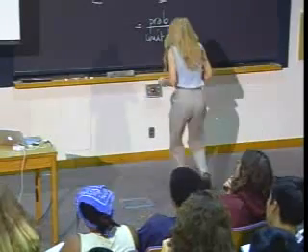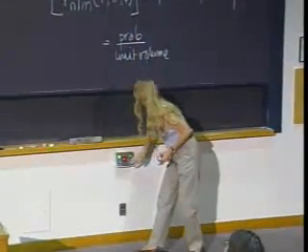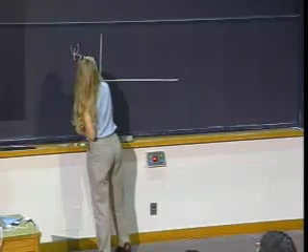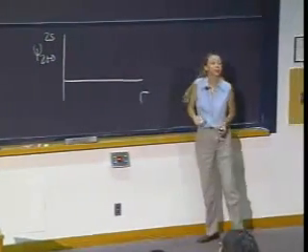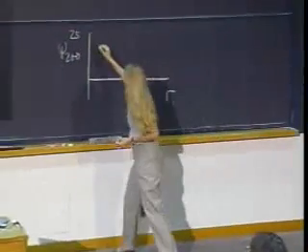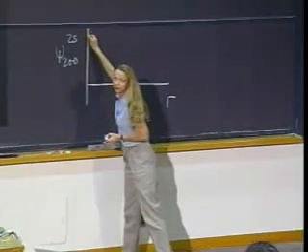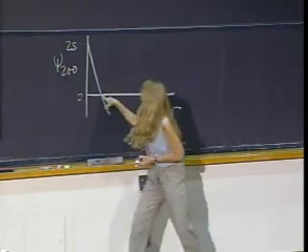Let me just draw that here on the board. All right? So I'm plotting here the psi 200 wave function, the 2s wave function, as a function of r. What it looks like is that at r equal to 0, it starts out at some high finite value, and it drops. And it actually goes through a 0.